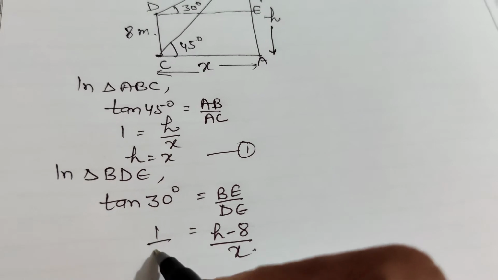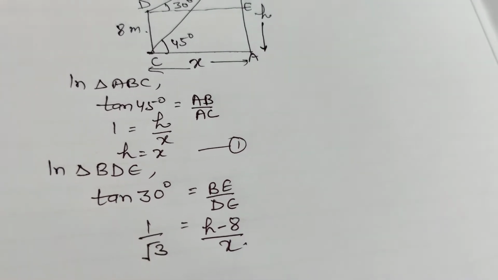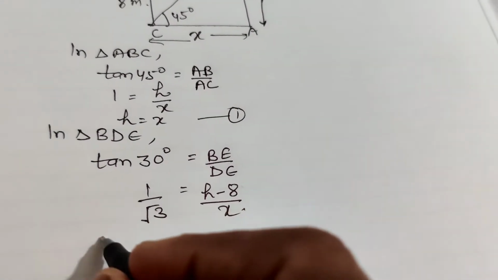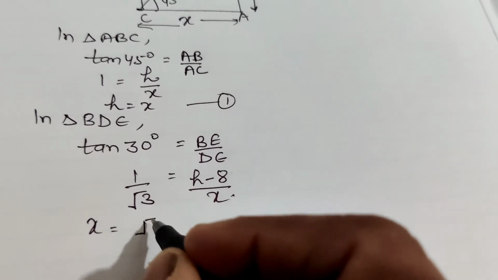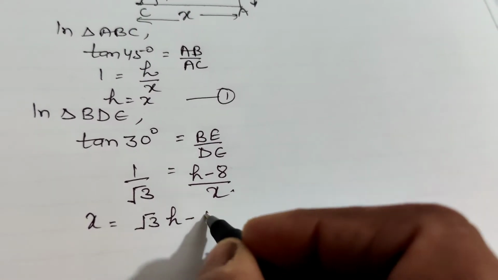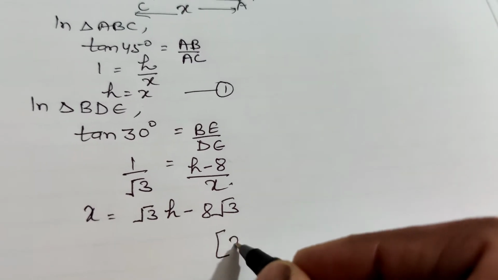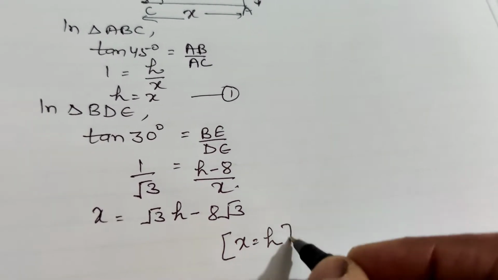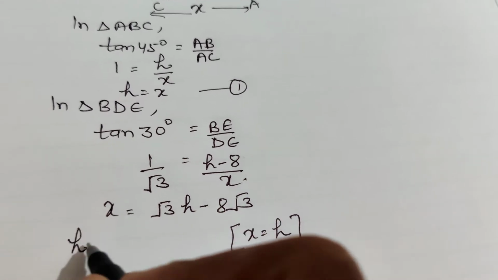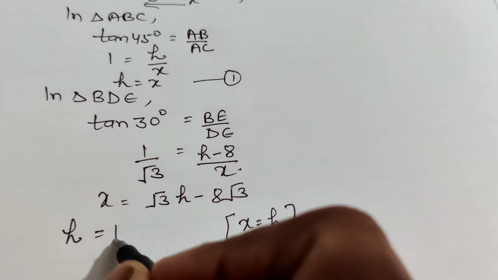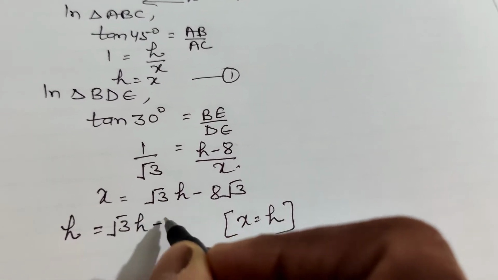Tan 30 degree is 1 by root 3. Cross multiply, x equal to root 3 h minus 8 root 3. Put h equal to x. h equal to root 3 h minus 8 root 3.